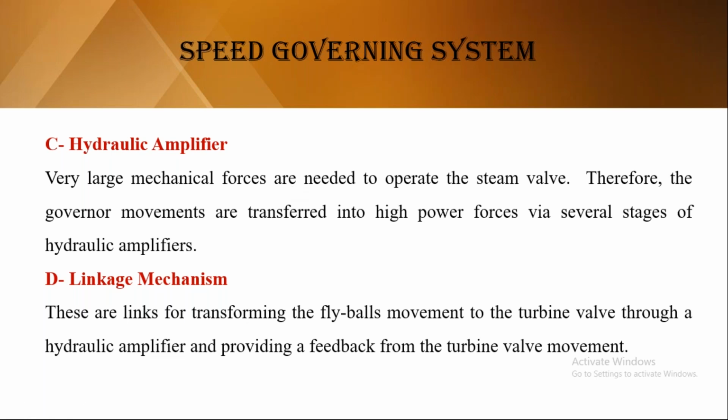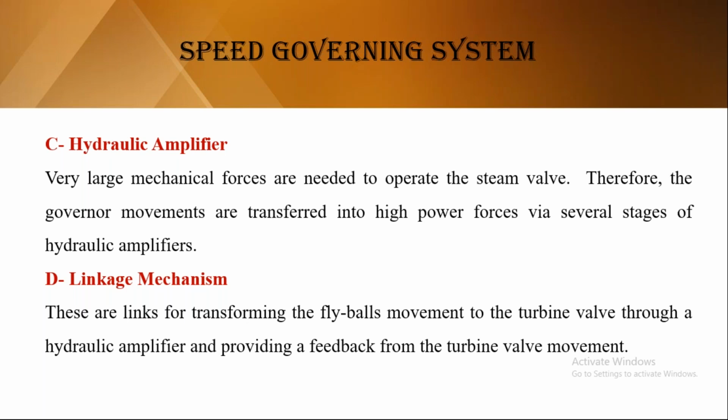Why? Because the steam has to have high pressure when it falls on the turbine, so that the turbine will rotate at more speed. You can imagine how much pressure it has. If you want to control that much pressure, we need more mechanical force acting on it, and this mechanical force is provided by this hydraulic amplifier.